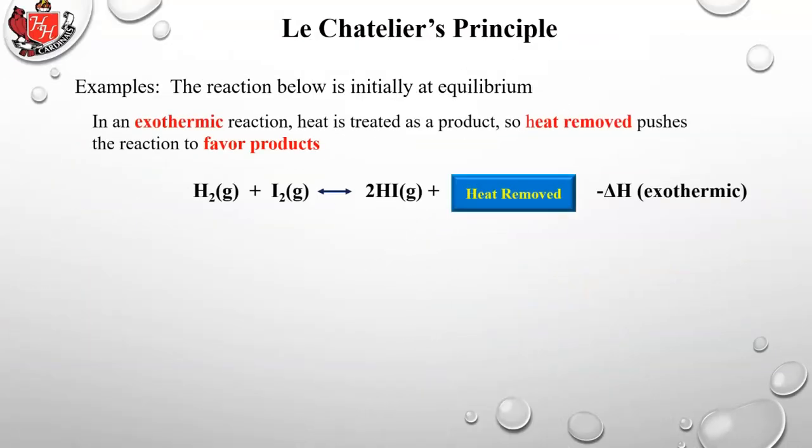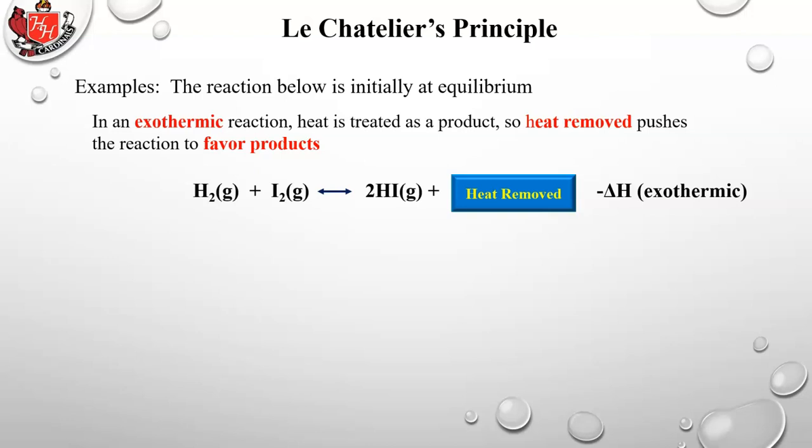In an exothermic reaction, one that gives off heat, heat is treated as a product. So you see how you just kind of added it on to the end of the reaction there. So heat removed pushes the reaction in favor of products. In other words, if it builds up heat and you take that heat away, you cool off the reaction, then it's going to more easily move to the right.